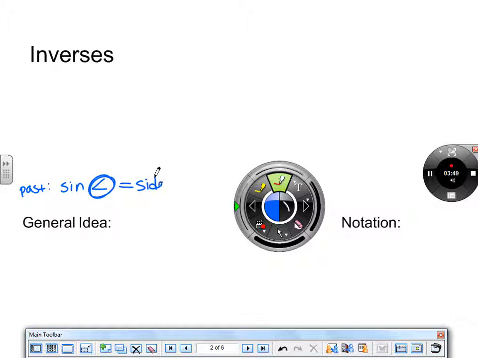And what we would then calculate or memorize or know from our unit circle is the side length. Okay? So that's what we were doing. This was your input. This was what somebody told you. And then this is what you found out. This is your output. What you told them the result would be. So an inverse is going to change. For an inverse, the input is going to be the side length.